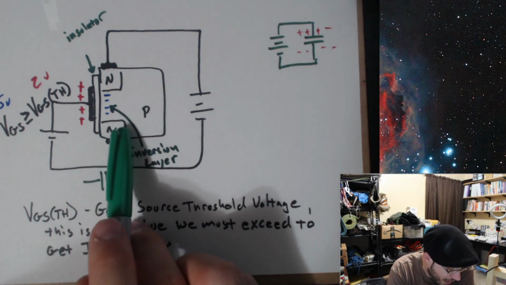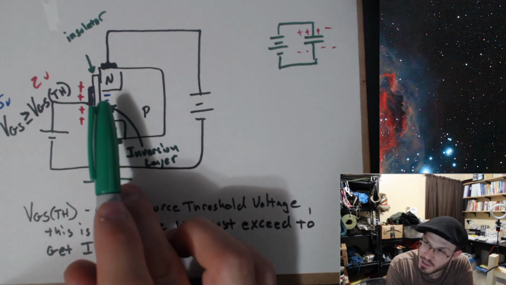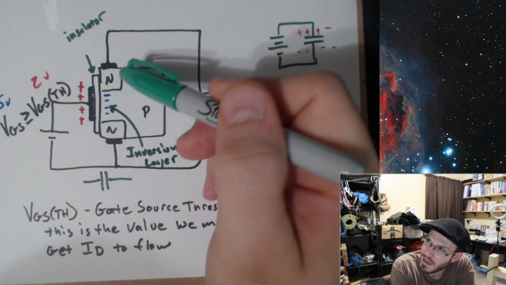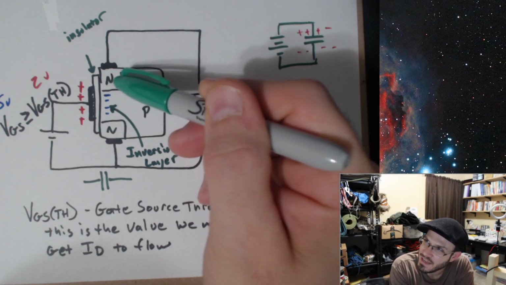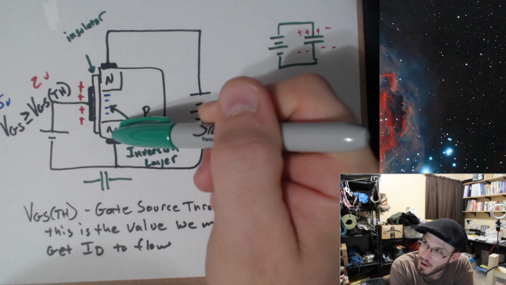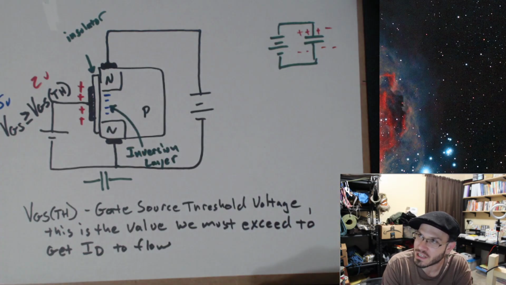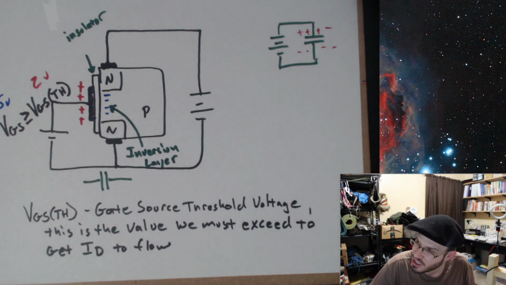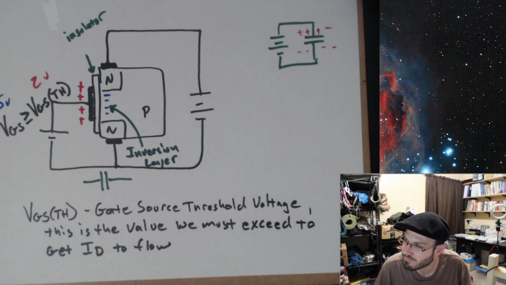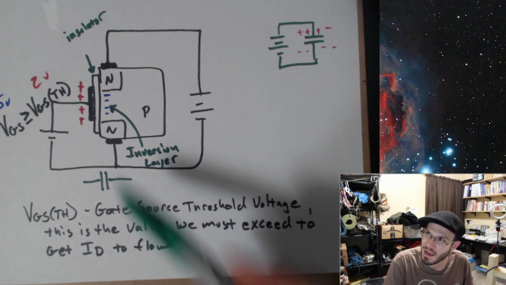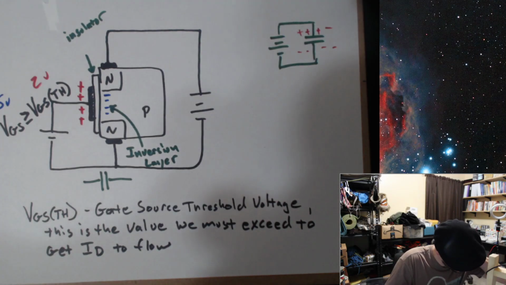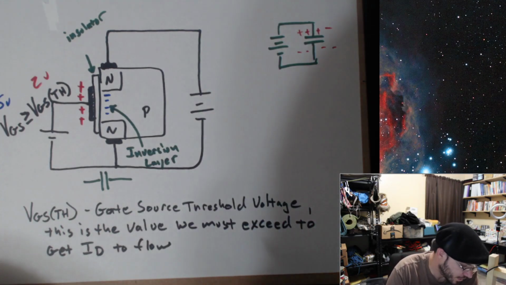Now that I did pull some electrons over here, I just created a bridge for the electrons from this N region to actually push their way through to the other N region. I have created a channel. A channel as in a moat, as in the English channel. I just created a path for my electrons to actually move through. And it is called the inversion layer.